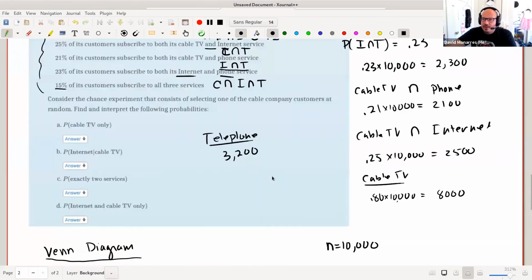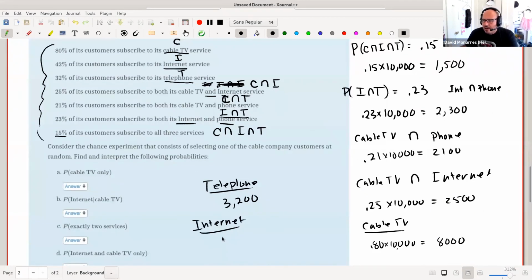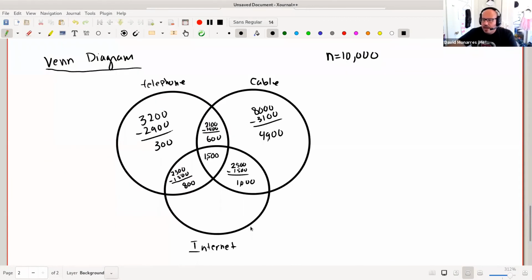And then finally, for the last one, it says for internet, we had about 42%. So that means we should have 4,200 of the people who use the internet. And then once again, just like before, everything here should all add up to 4,200.